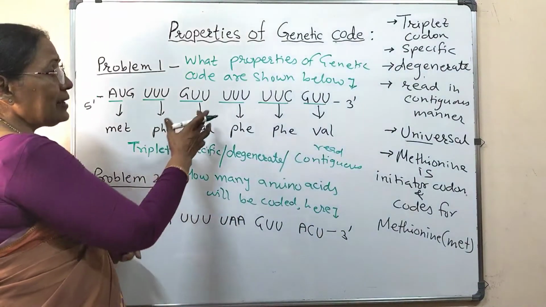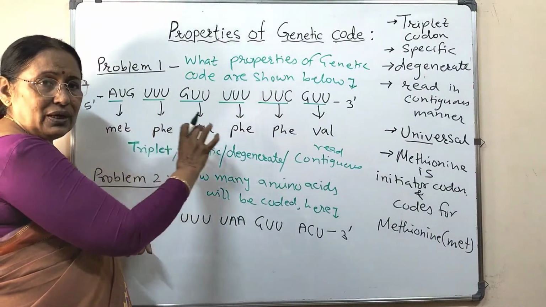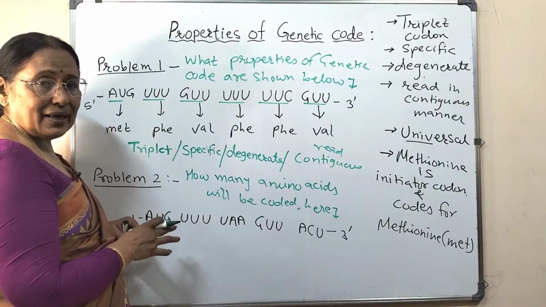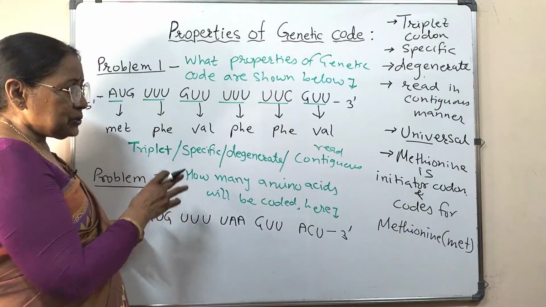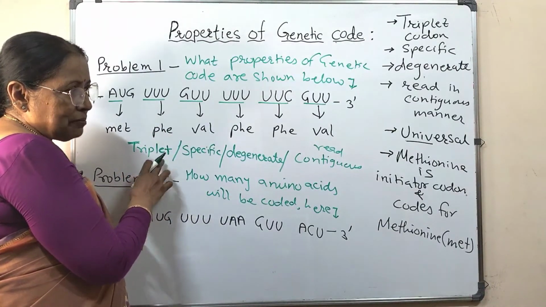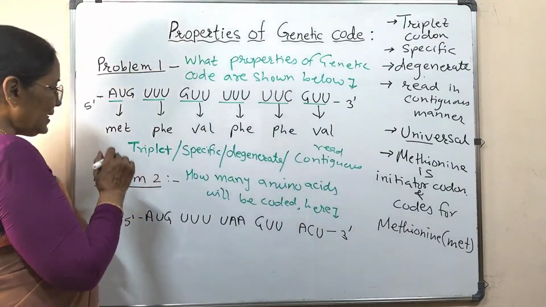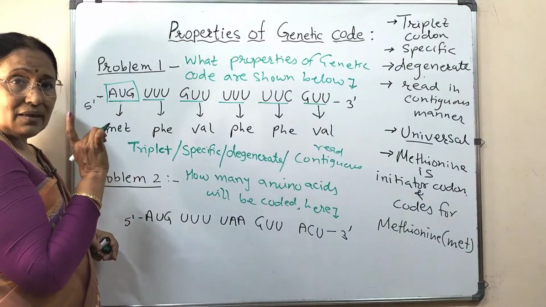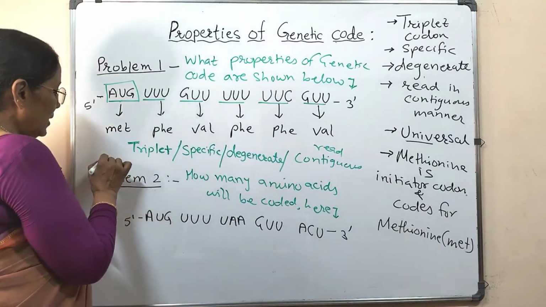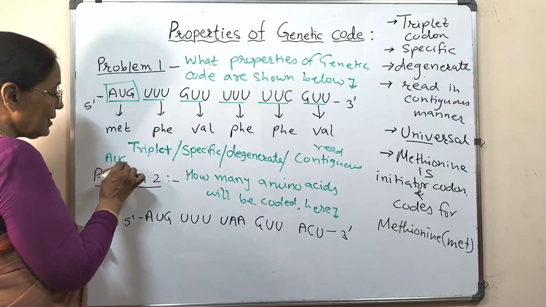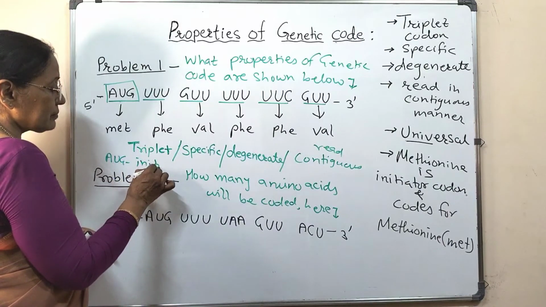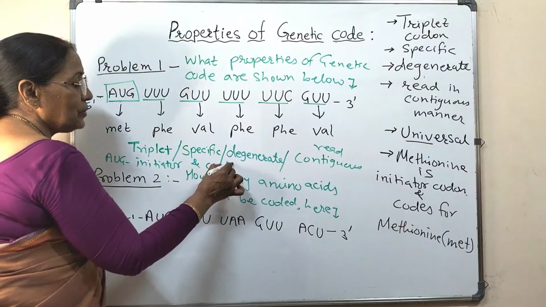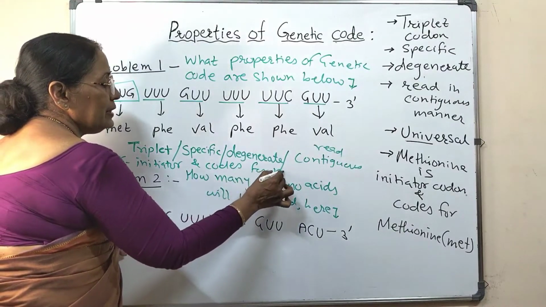Universal cannot be shown here. It is shown only for one strand of mRNA, and different organisms are not given here. So that is not shown here. But the last one, methionine AUG, is the first initiator codon. So AUG is the initiator and codes for methionine.